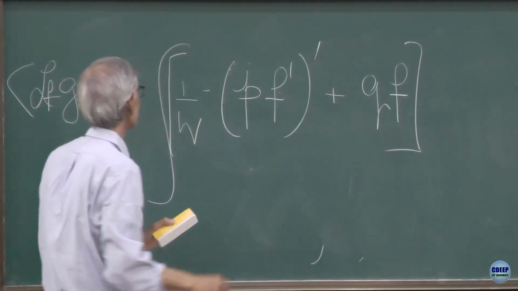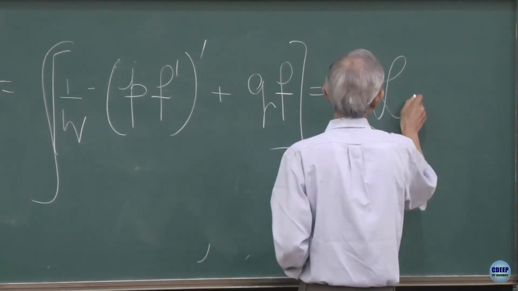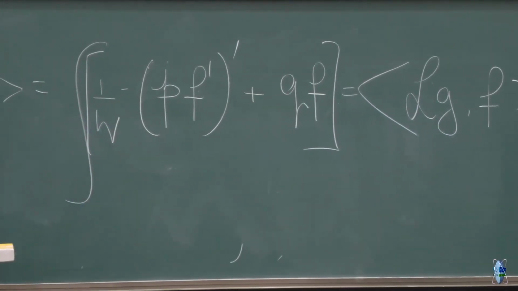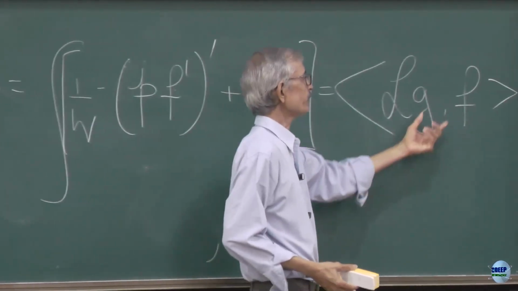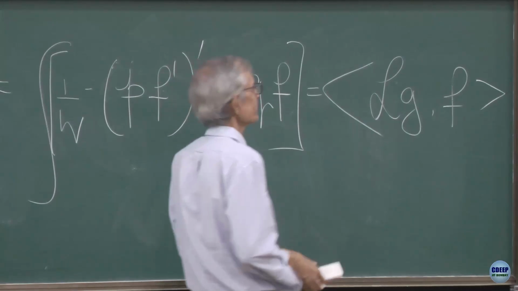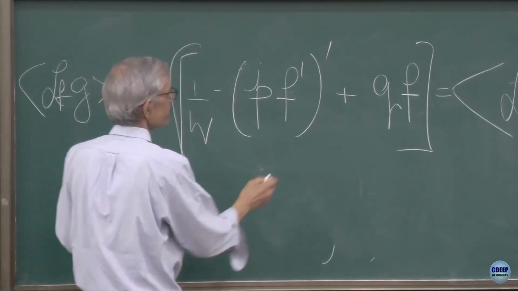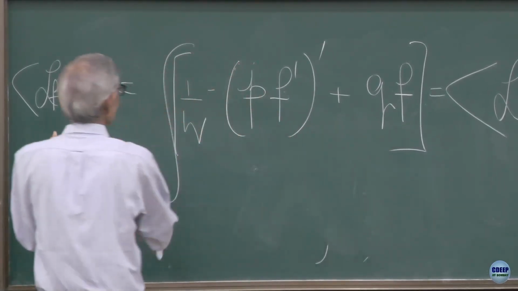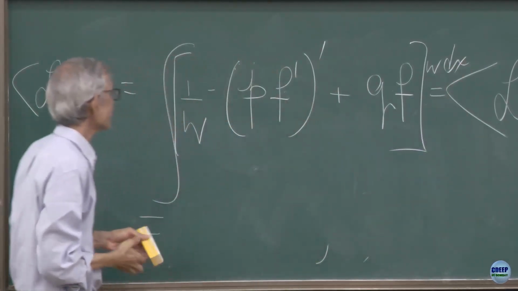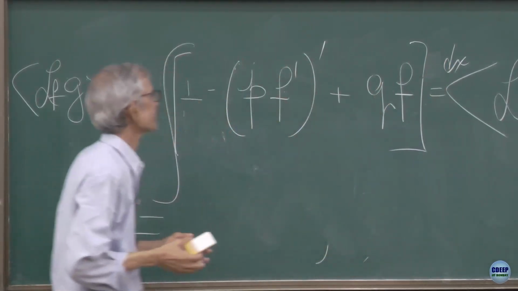So this is equal to the inner product of the linear operator on G, comma F. So LFG, LGF. So we'll open this guy up and then write the other thing. If I open this guy up, this has got W times dx. Okay. So this W goes away. This W is gone.